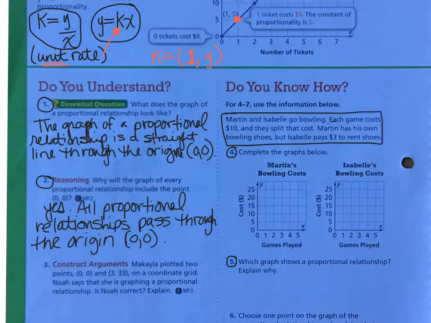If each game costs $10 and they split that cost, how much does Martin pay per game? How much does Isabel pay per game? Well, if they're sharing the cost of $10 equally, then that means that they each pay $5 per game.